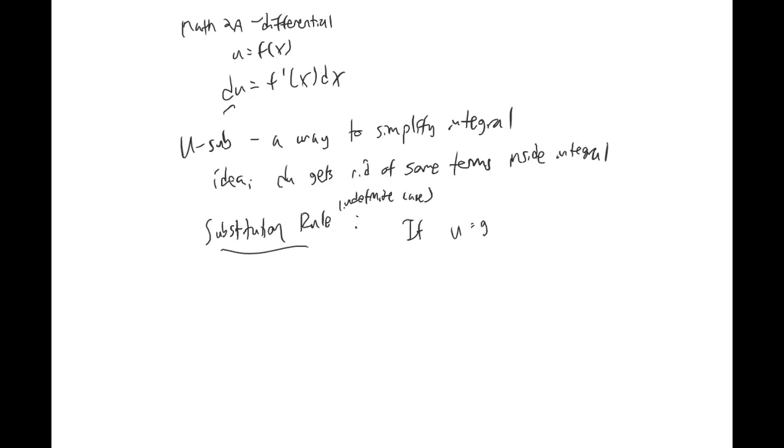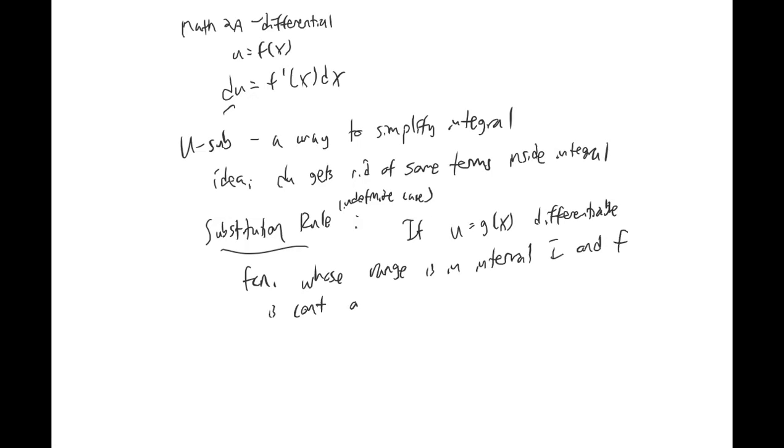If u equals g of x, a differentiable function whose range is an interval I, and f is continuous on I, then the integral of f of g of x times g prime of x dx is the integral of f of u du.